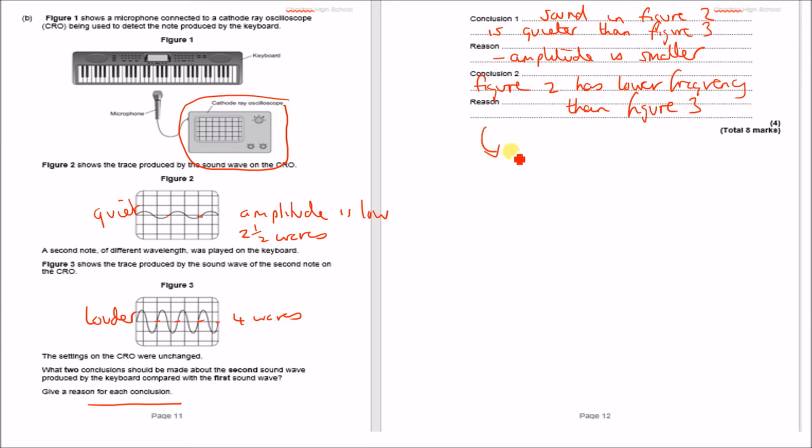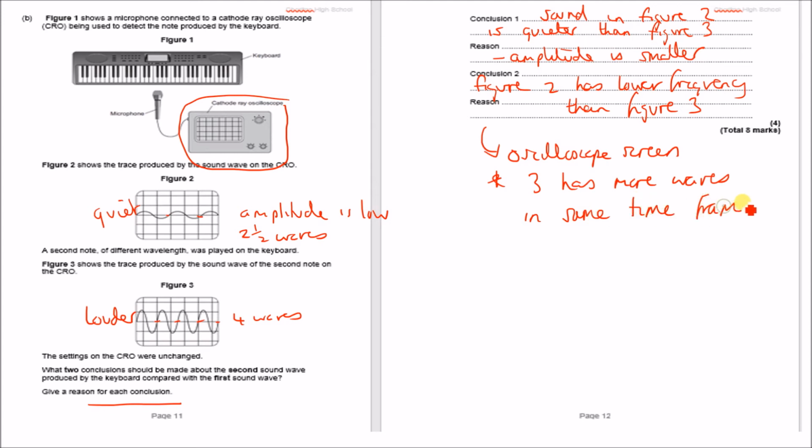Reason, we'll call it oscilloscope screen 3 has more waves in the same time frame.